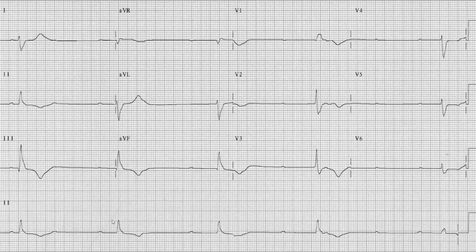So this one, we said complete heart block because of AV dissociation, because atrial rate is not equal to ventricular rate, because of dropped QRS, because of unequal PR. What else? Second criterion, we have right axis deviation. Third criterion, right bundle branch block. So complete heart block plus right axis deviation plus right bundle branch block means complete trifascicular block.